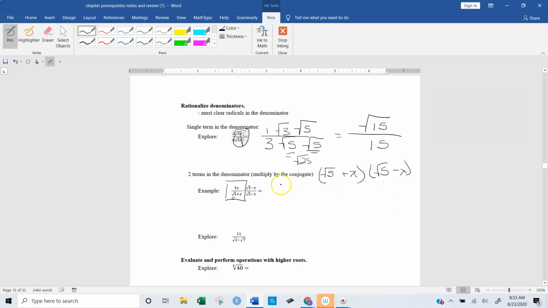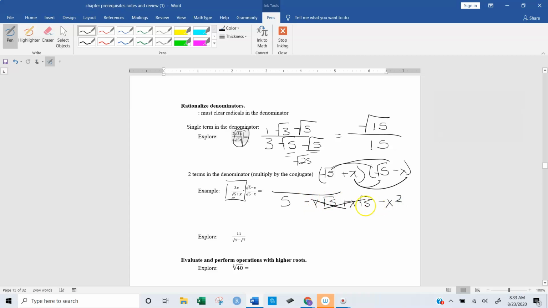The reason we do this is when we're going to work with this denominator first. When you take the square root of 5 times the square root of 5, you get 5. Well, here I get a negative x square root of 5, but here I get a positive x square root of 5. So those two are going to cancel, and then I just have my last term, which is minus x squared.